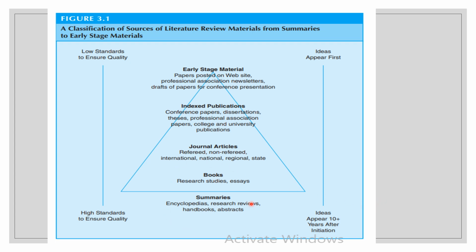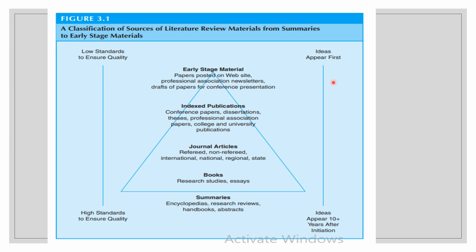So this becomes a very rich discussion, because it includes the encyclopedia. This is the early start, and then it goes to index publication, then journal articles, then books, and then the summary, which means this comes 10 years after the idea appears.